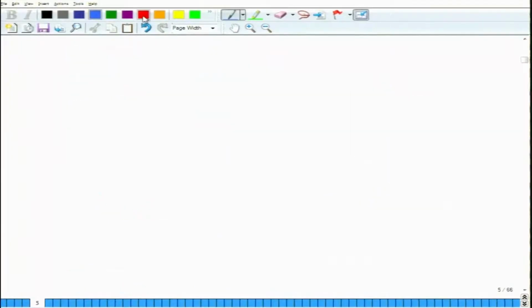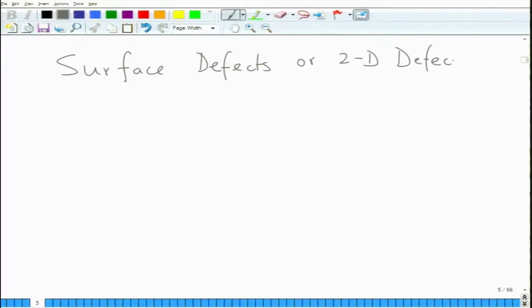So now we will introduce what we call surface defects or 2D defects. Basically these are any kind of interfaces or surfaces in the materials.